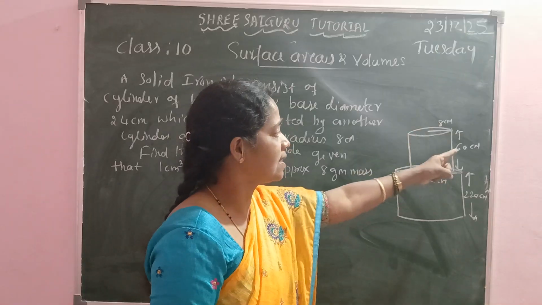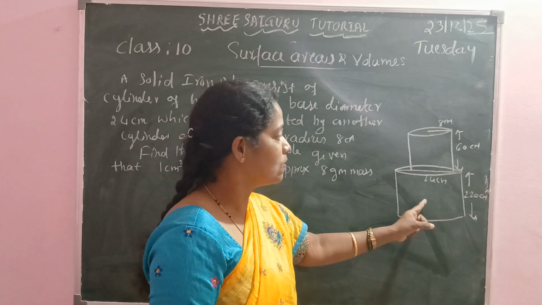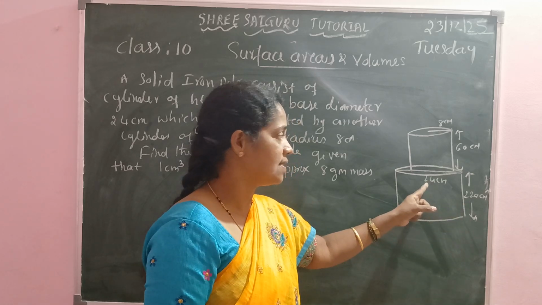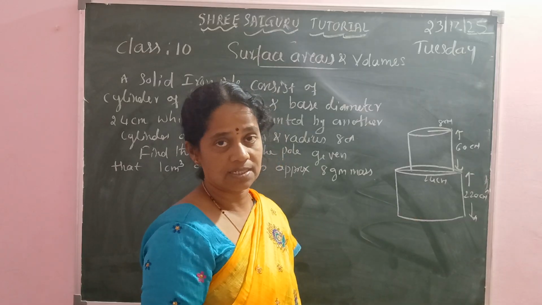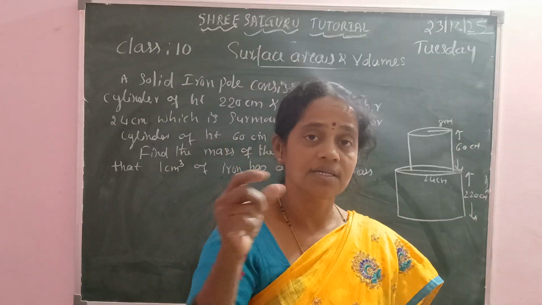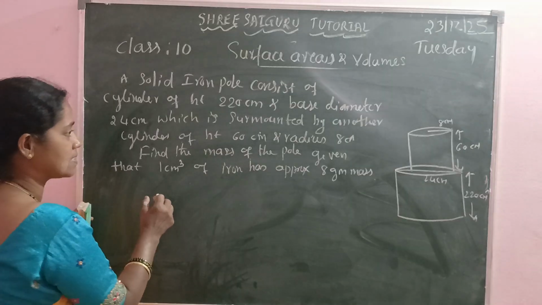Upper cylinder has height 60 cm and radius 8 cm, and lower cylinder has height 220 cm and the diameter is given 24 cm. So this solid object we have to calculate its mass.